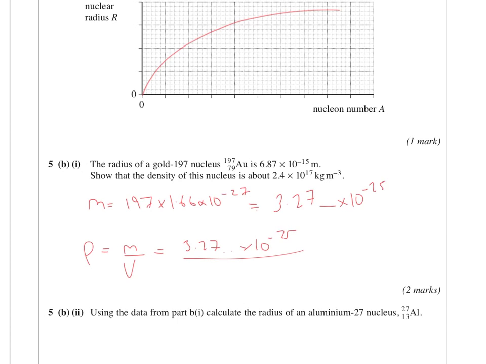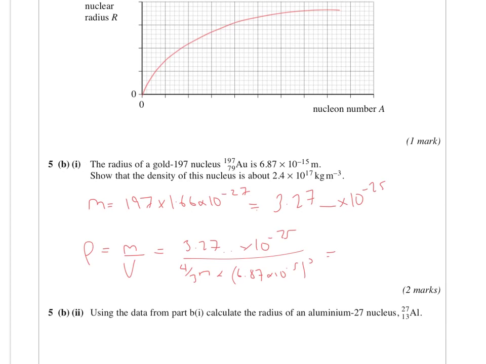And we're modelling it as spherical, so we're going to do 4 over 3 pi times by 6.87 times 10 to the minus 15 cubed. So let's calculate.